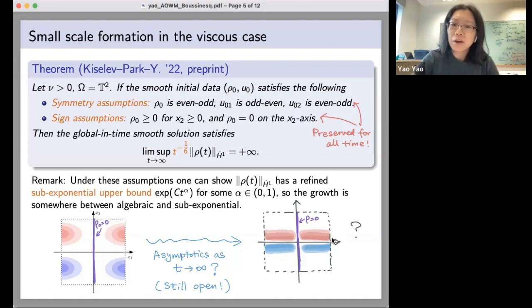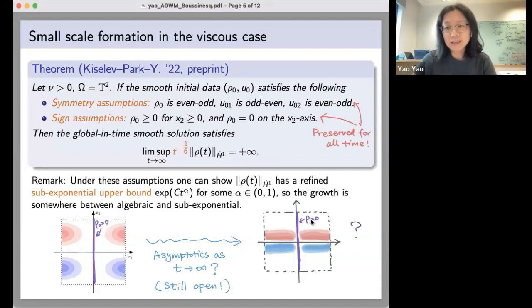We are actually not able to prove whether, as time goes to infinity, rho really converges to this right picture or not. It's because the actual situation is more complicated than this.